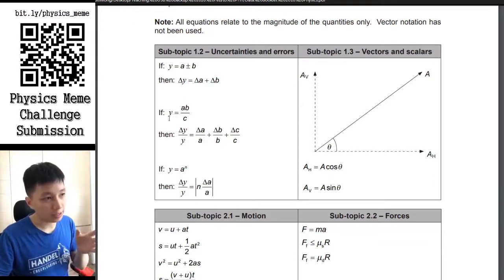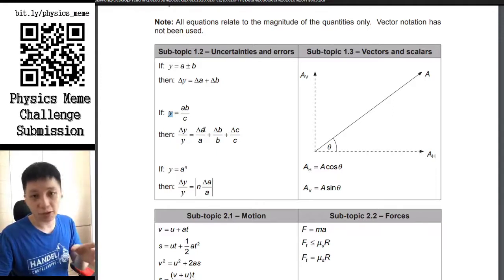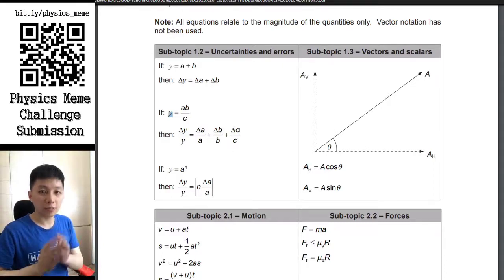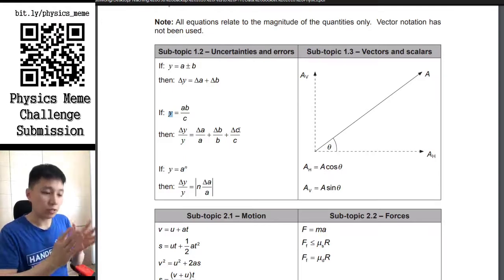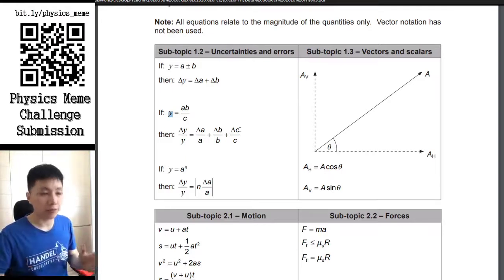Okay, so I'll say again, because y is equal to a times b divided by c, the uncertainty of this whole thing, y, would equal the fractional uncertainty of a, fractional uncertainty of b, and fractional uncertainty of c added together. Once again, it doesn't matter whether they are multiplied or divided, you just add them together.